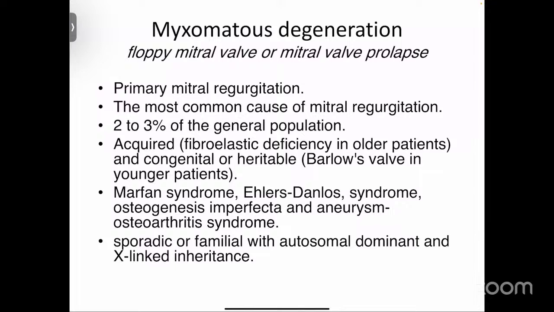Myxomatous degeneration of the mitral valve, also known as redundant valve, floppy valve, or mitral valve prolapse, these are all used interchangeably, is considered primary mitral regurgitation, and it's the most common cause of mitral regurgitation, afflicting 2 to 3% of the general population.